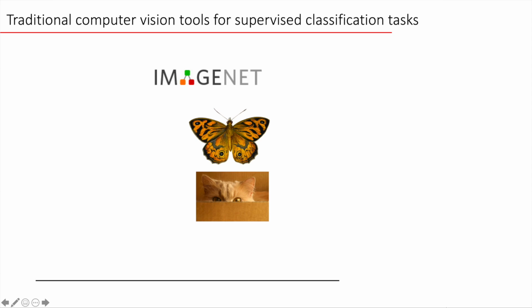The 1.2 million images usually span 1,000 different classes that are commonly seen in everyday life. So cats, dogs, butterflies, cars, planes, and really the goal here is to see which algorithm makes the fewest errors in identifying the objects. Now you can see why this could be quite difficult.